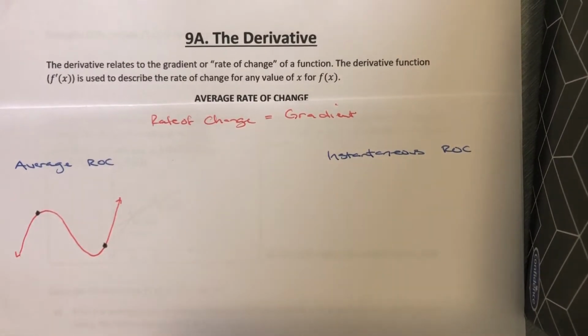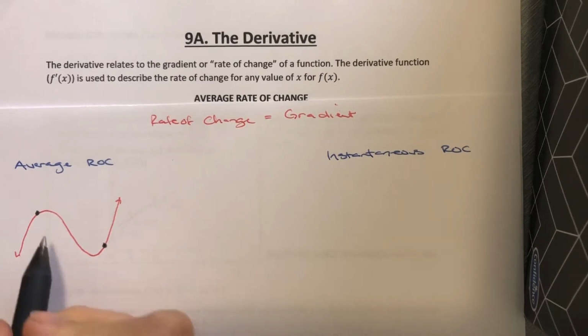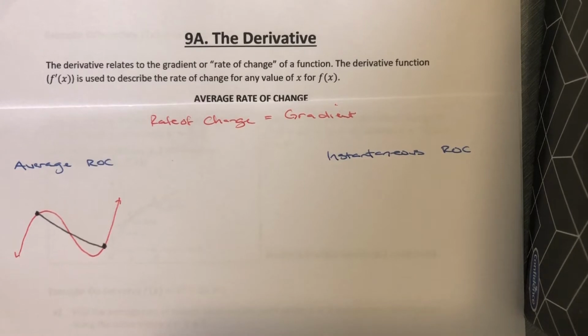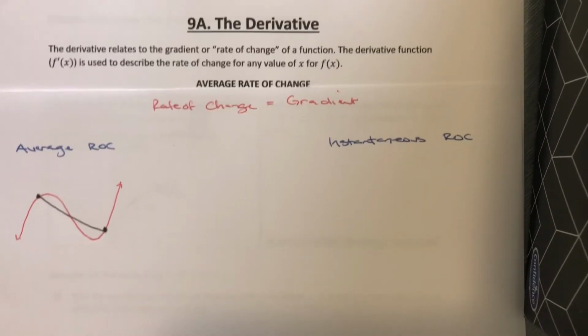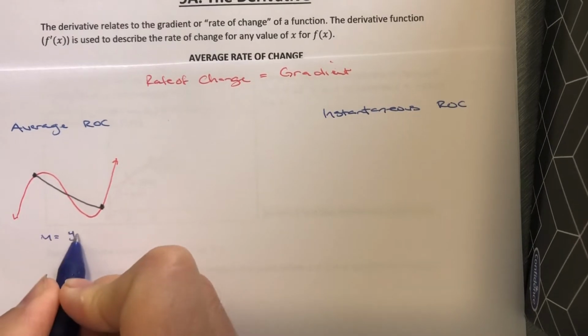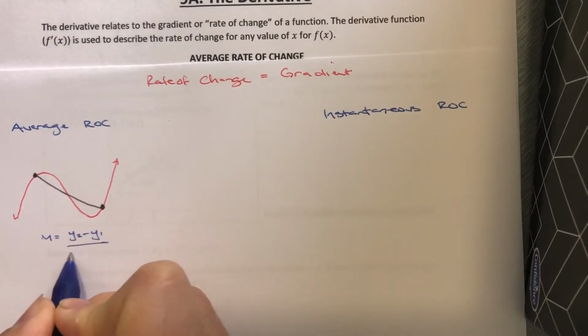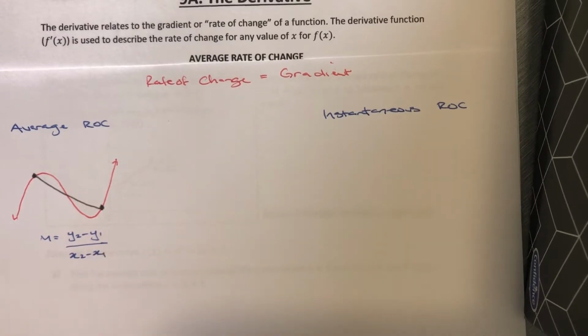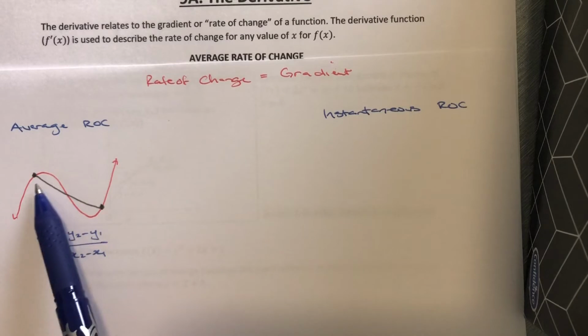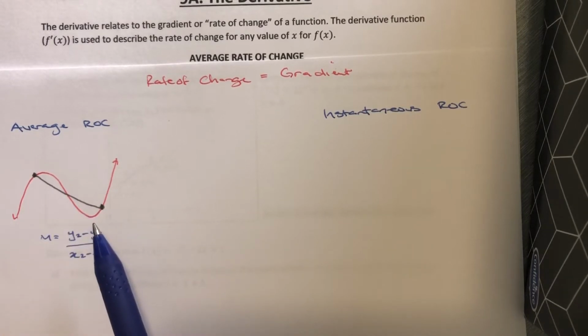To find the average rate of change between those 2 points, we just need to find the gradient of that line. Now we already know that to find the gradient of any line, we just need to use this formula. So you're going to be able to get your y2, y1, x2, x1 out of these 2 points there.